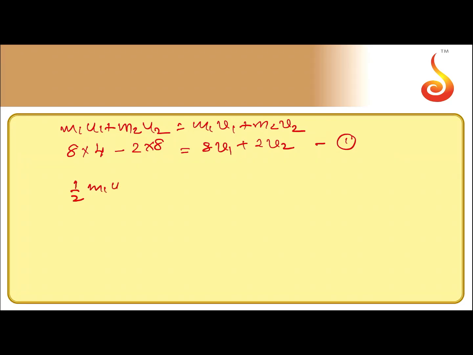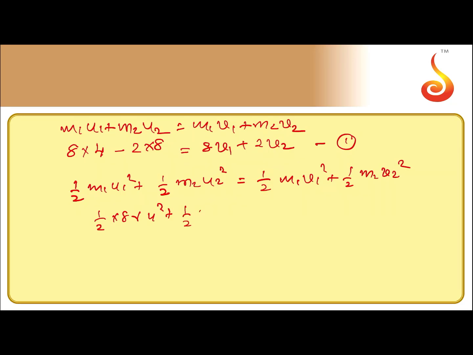Half m1 u1 square plus half m2 u2 square is equal to half m1 v1 square plus half m2 v2 square. That is half into 8 into 4 square plus half into 2 into 8 square is equal to half into 8 into v1 square plus half into 2 into v2 square.